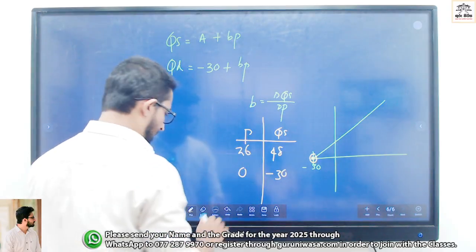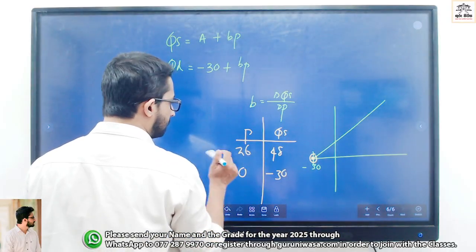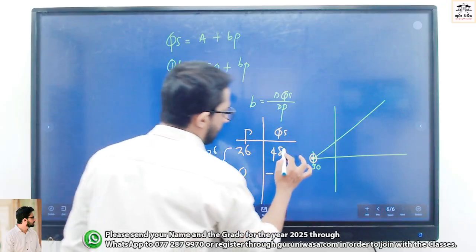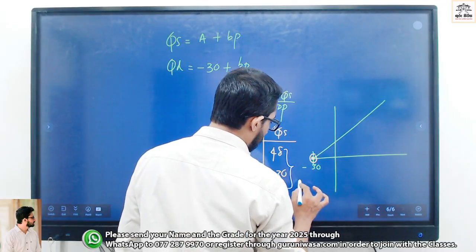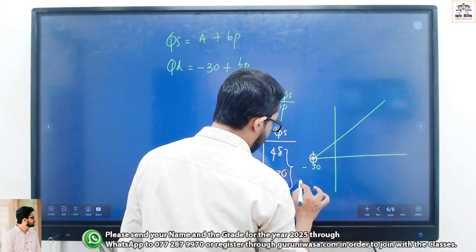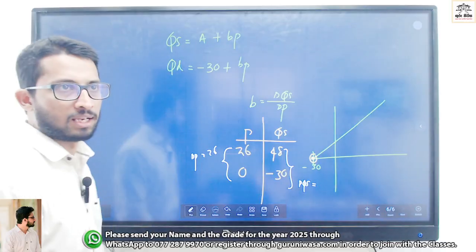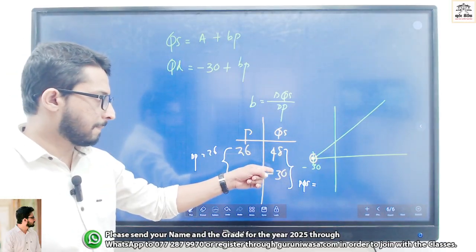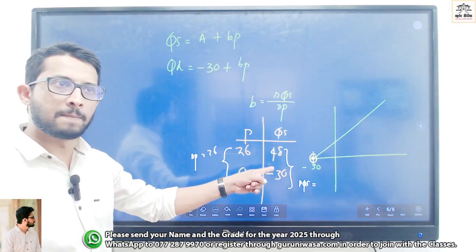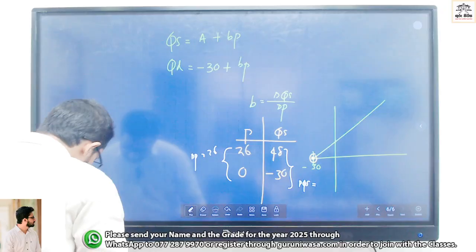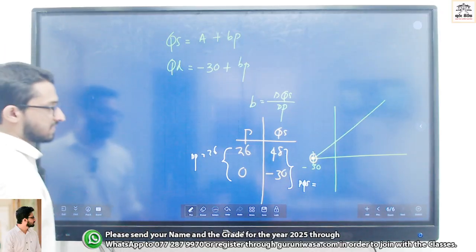Now take the difference. Here delta P equals 26. Be careful here. Delta QS equals... how much is the difference here?